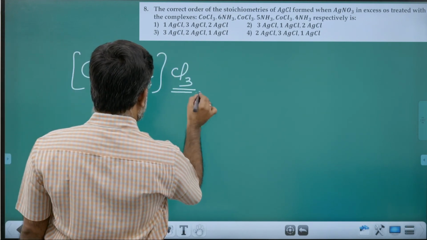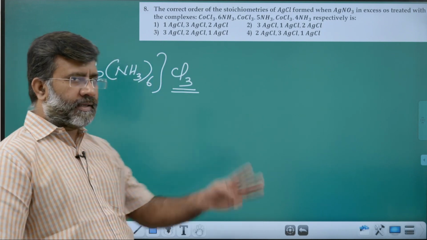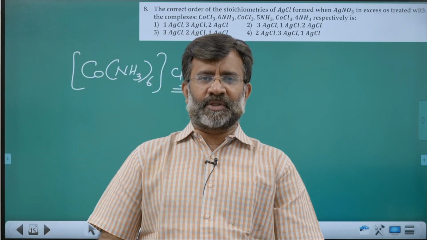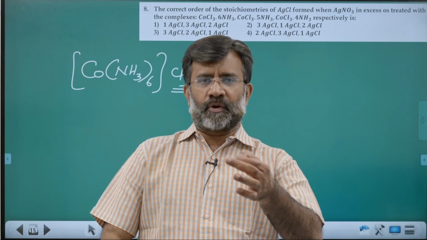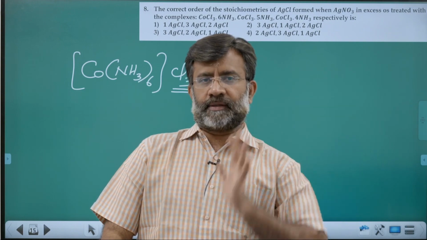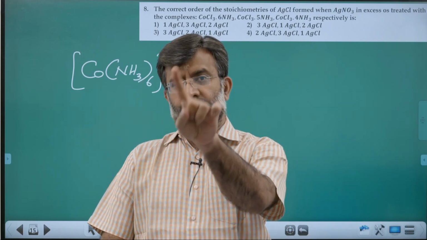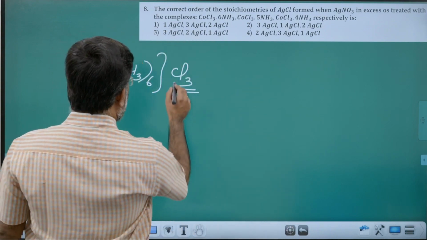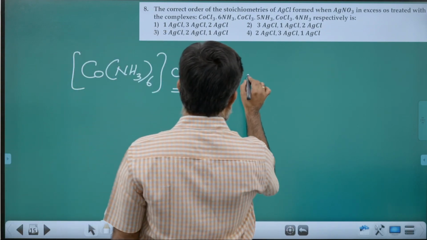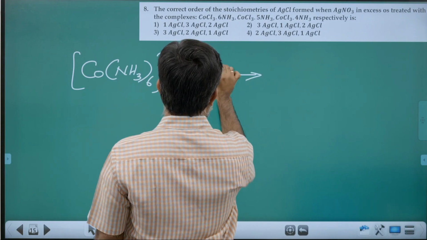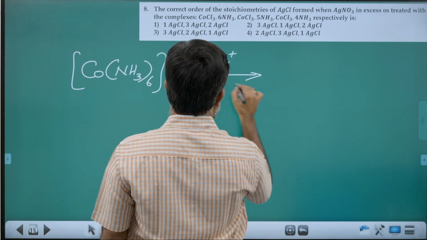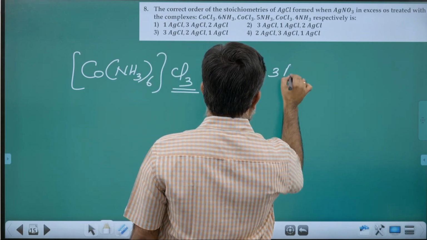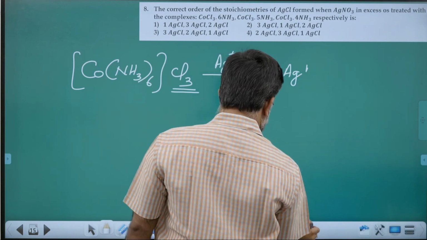There are 3 chlorines outside. You will get 3 AgCl precipitated. The number of chlorines available outside, that means ionizable chlorines. These are 3 ionizable chlorines. So you will get 3 moles of AgCl when treated with excess silver nitrate.